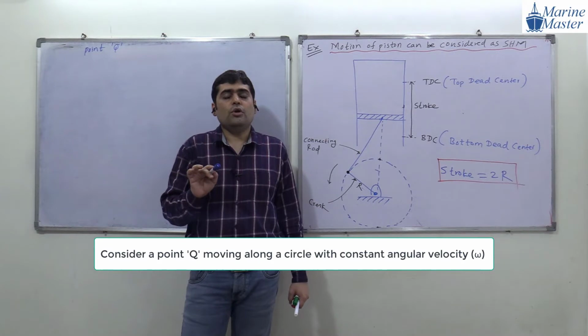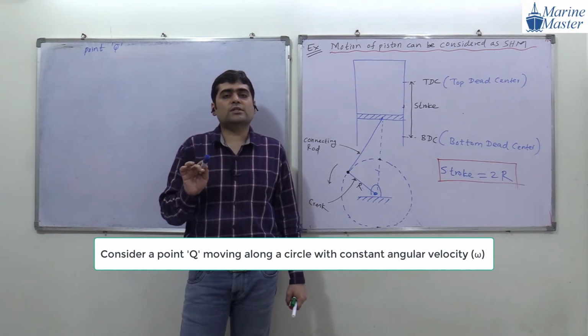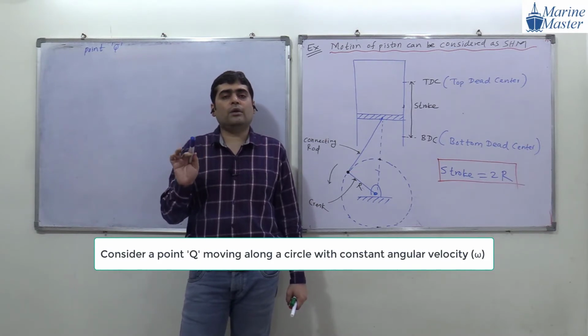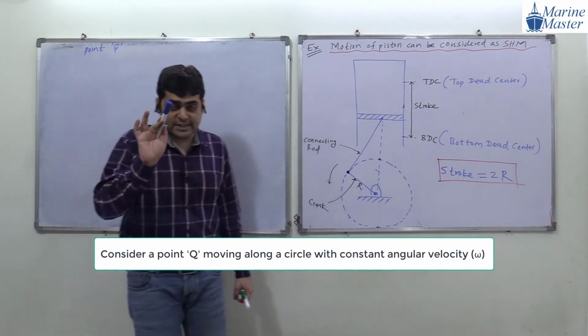Consider a point Q moving along a circle with constant angular velocity omega. Try to see the scenario here.